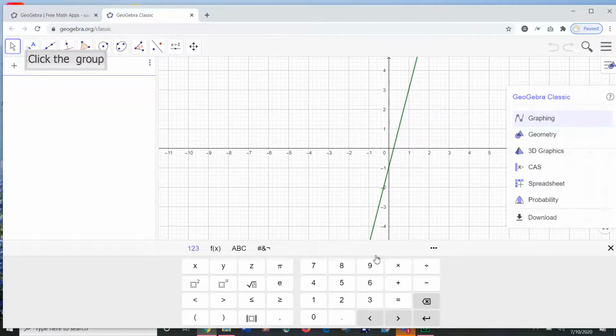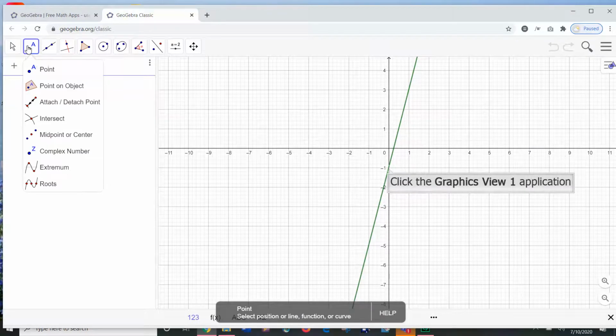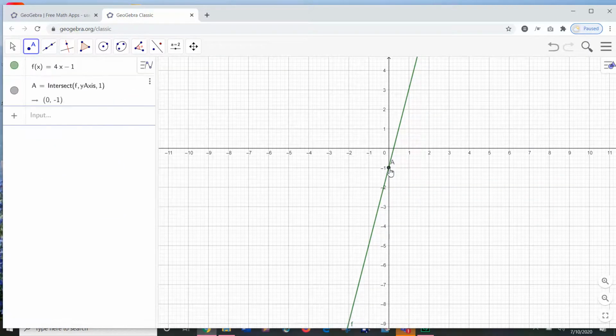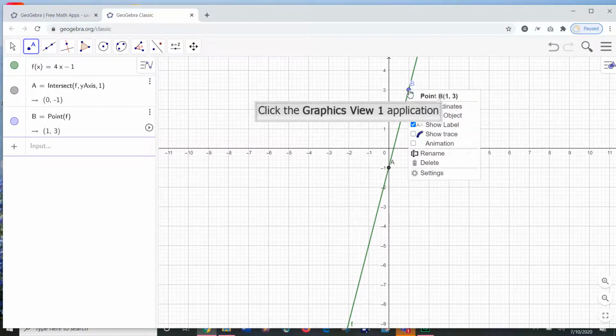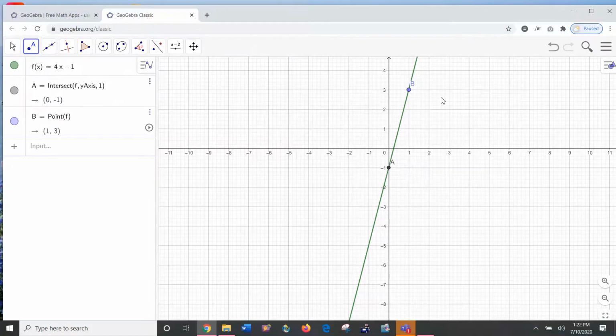But what else do we know? Well, if we look at point A at 0, -1, and then we're going to look at the point at 1, 3. Okay, this point is 1, 3, and this point is 0, -1. So what do we know?